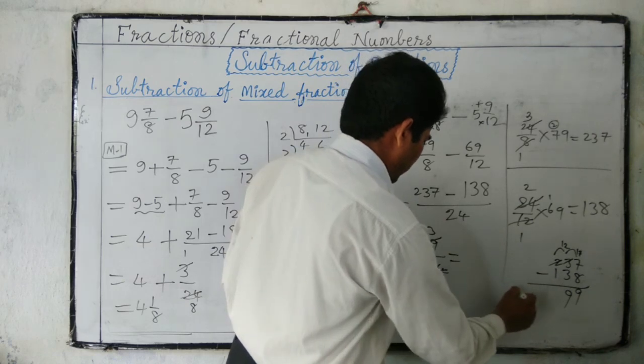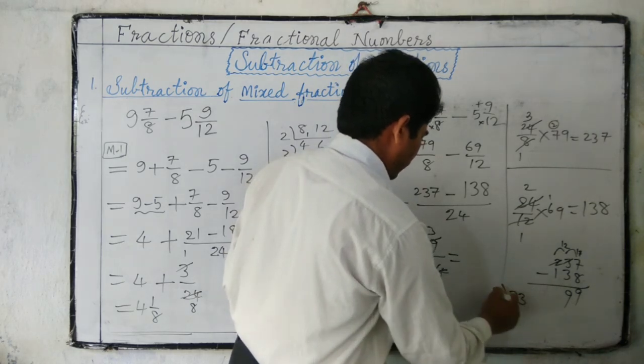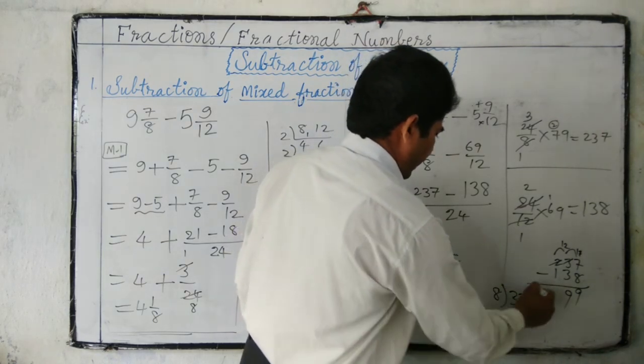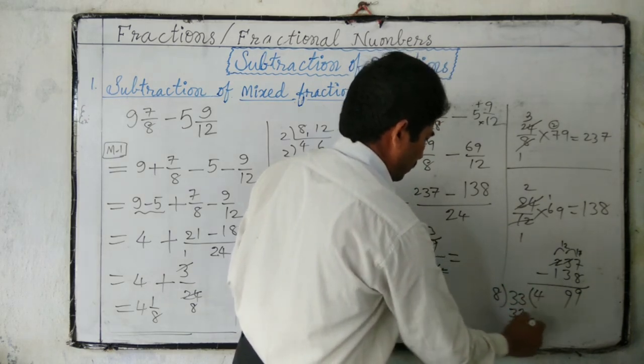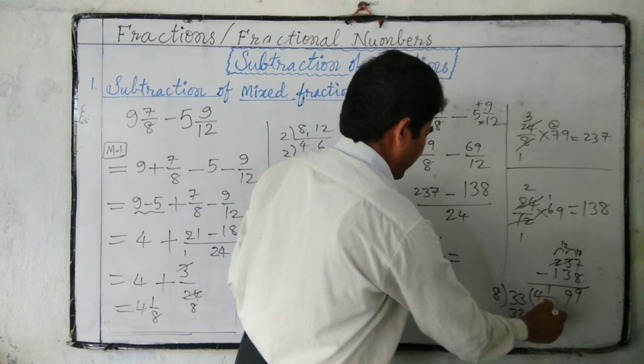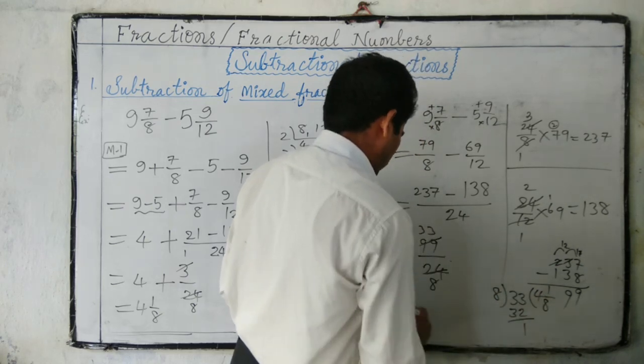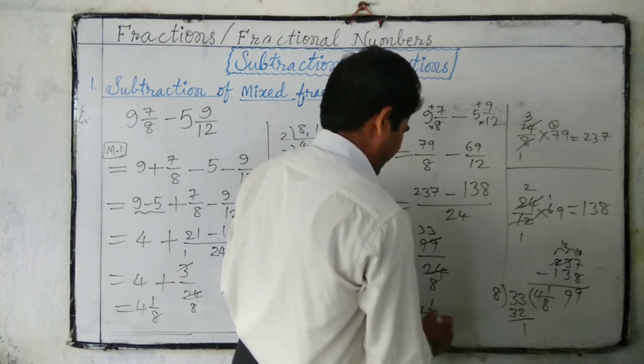We have to convert this into a mixed fraction. 8 fours are 32... 4 1/8. 4 1/8.